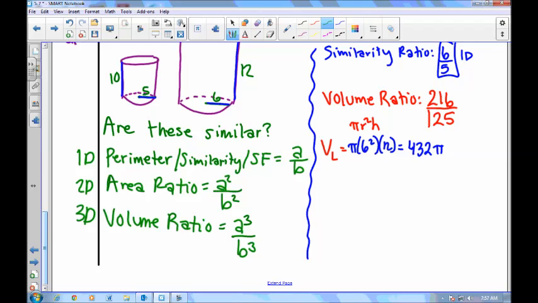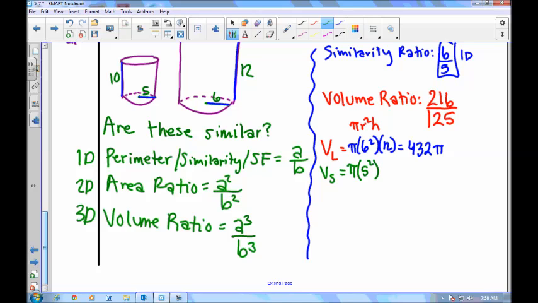Okay, next do the volume of the small. I put a little sub s to remind myself which one I'm working with. Volume of the small. So again, pi r squared times height. Pi times the radius. Louisa, what's the radius of the small cylinder? So 5 squared.